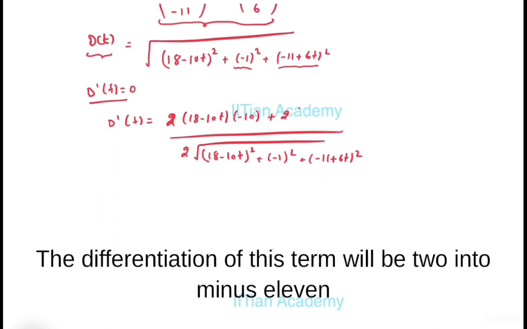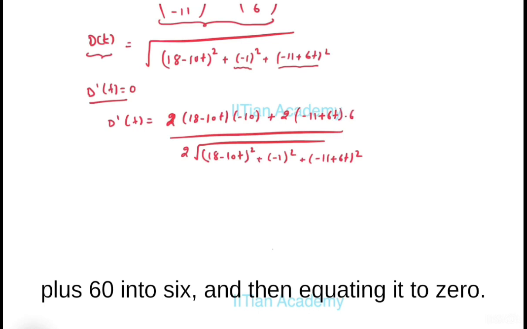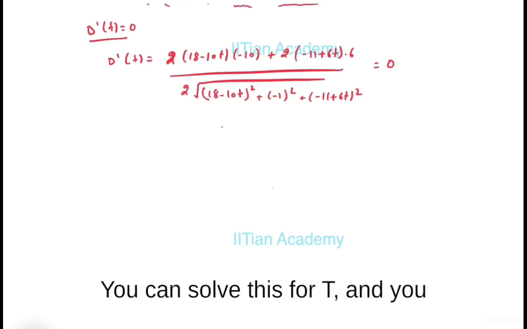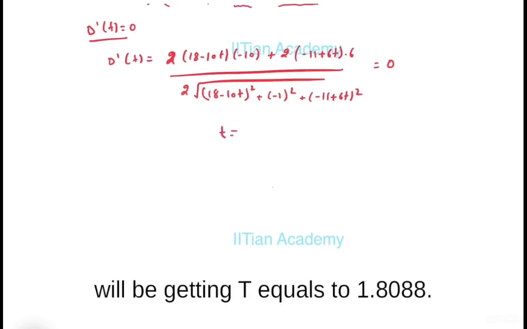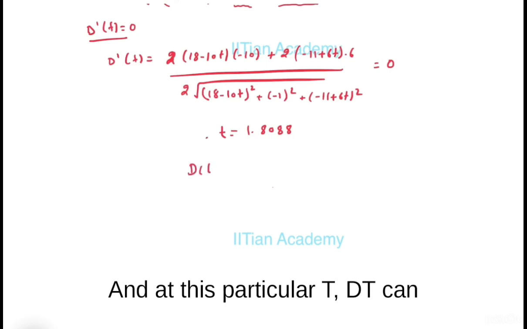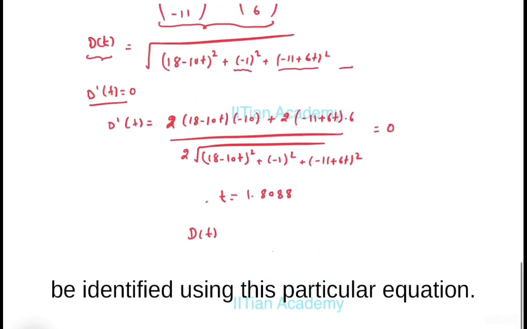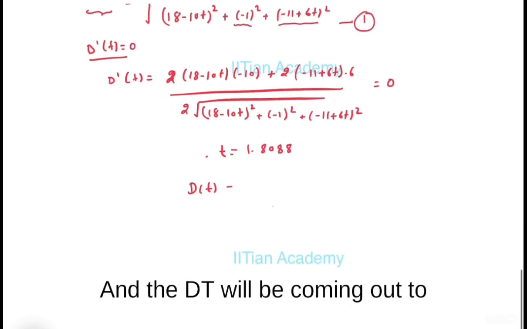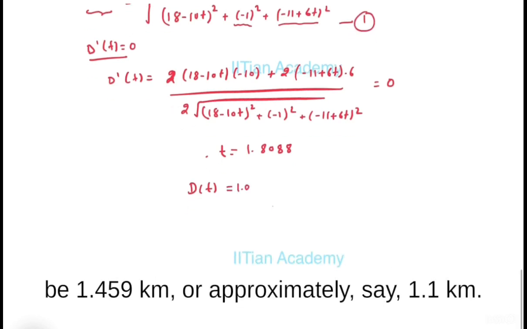The differentiation of this term will be 2 into (minus 11 plus 6t) into 6. Then equating it to 0, you can solve this for t, and you will get t equals 1.8088. At this particular t, d(t) can be identified using this equation, and d(t) will come out to be 1.01459 kilometers, or approximately 1.01 kilometers.